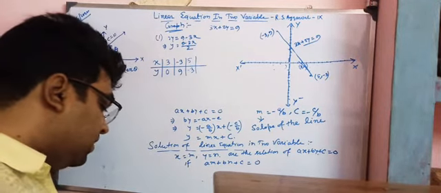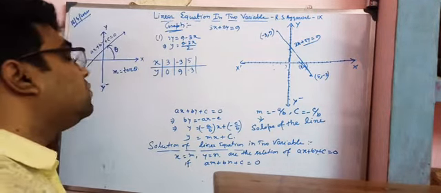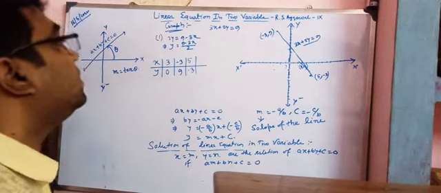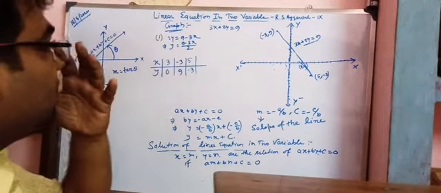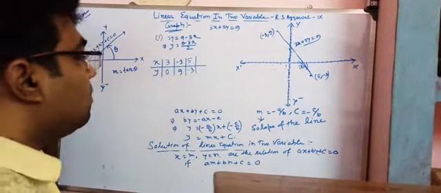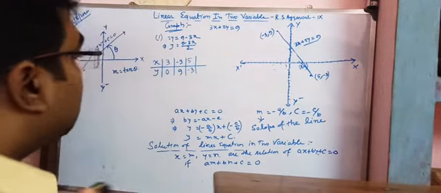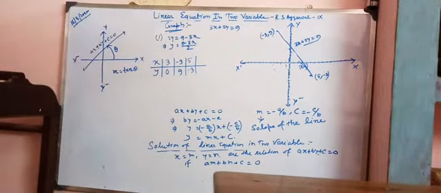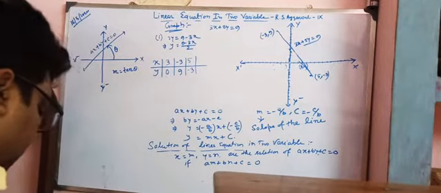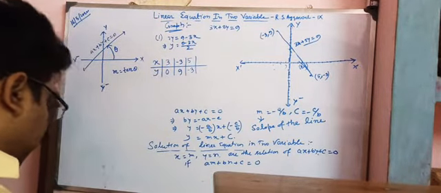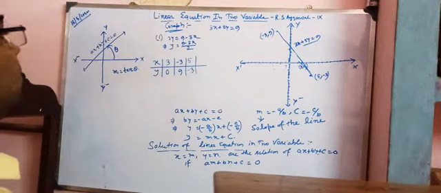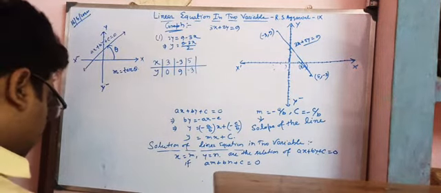You can understand better, and you can use graph paper to represent any linear equation of two variables. And always use pencil. Don't use any pen or anything else. So this is the representation of the linear equation of two variables in graph paper.